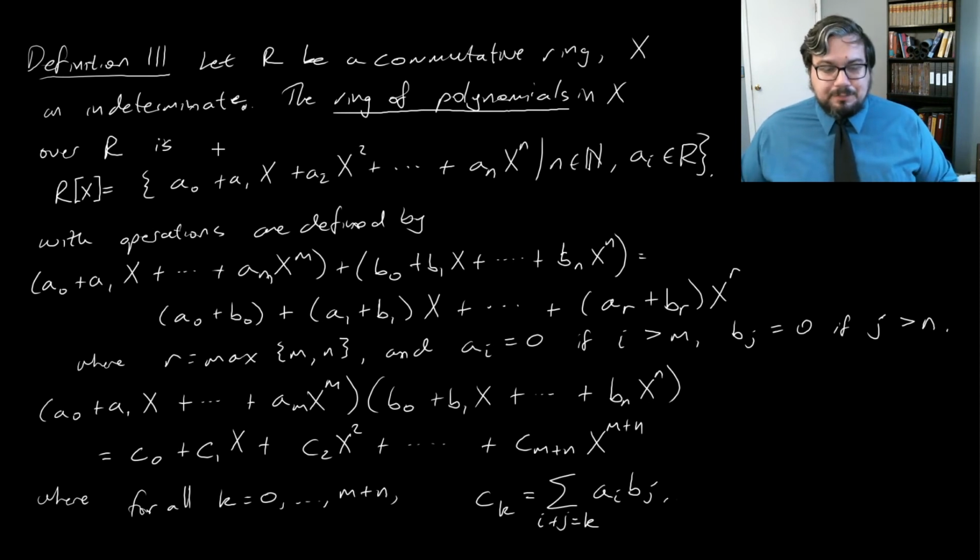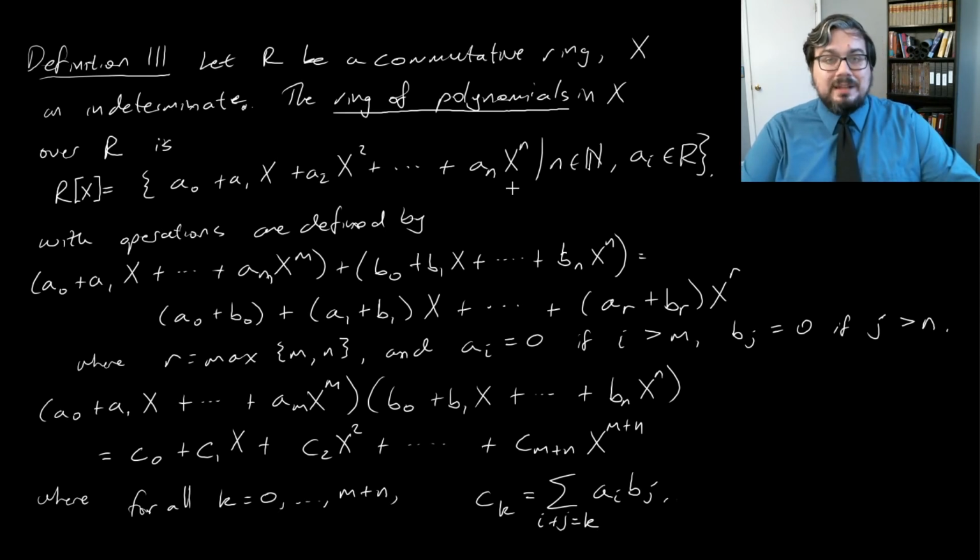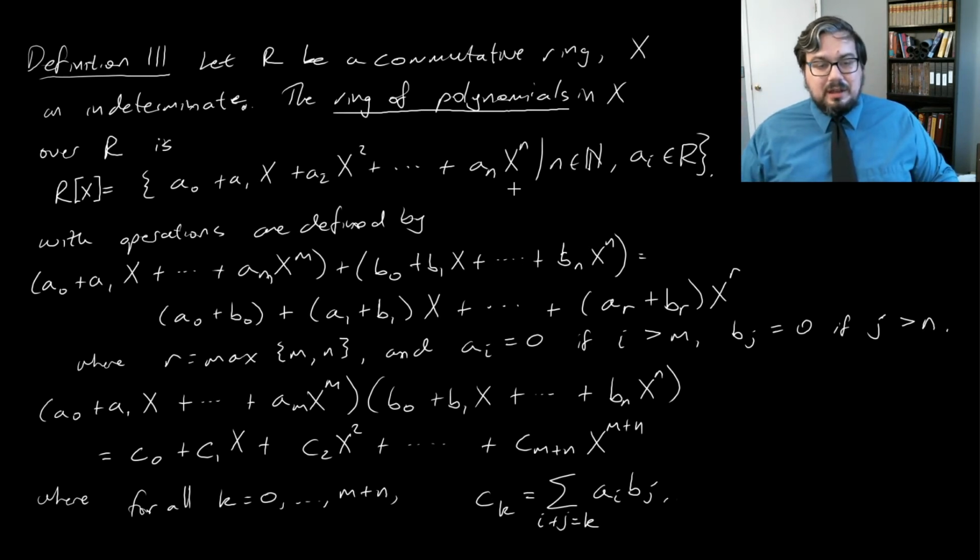and its purpose really is just keeping track of the locations of the coefficients. We could, in fact, define polynomial rings perfectly well without using a symbol like this at all, and just defining polynomials as finite sequences of ring elements which sit in particular slots. A0 sits in the 0th slot, A1 in the degree 1 slot, A2 in the degree 2 slot, up to An in a degree n slot, and define an addition of sequences and a multiplication of sequences.